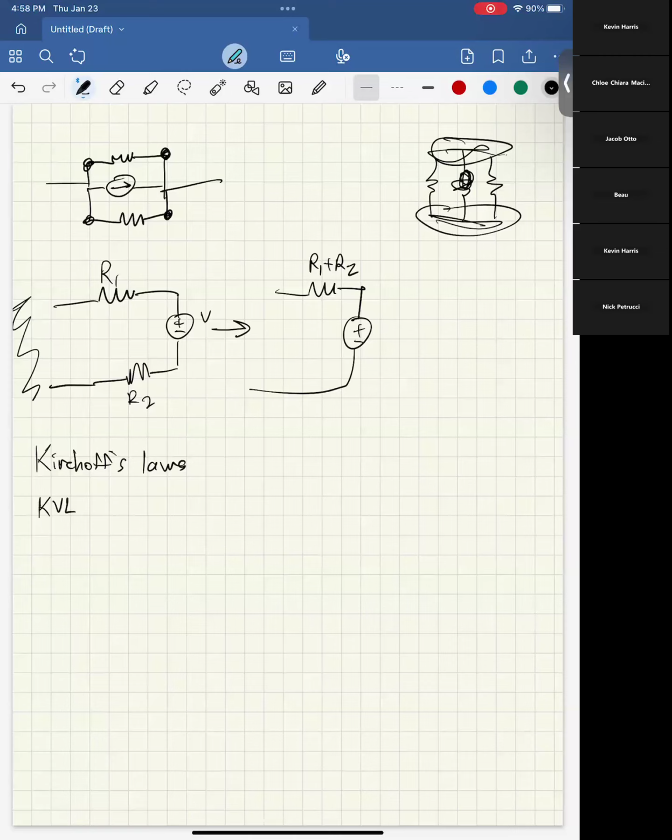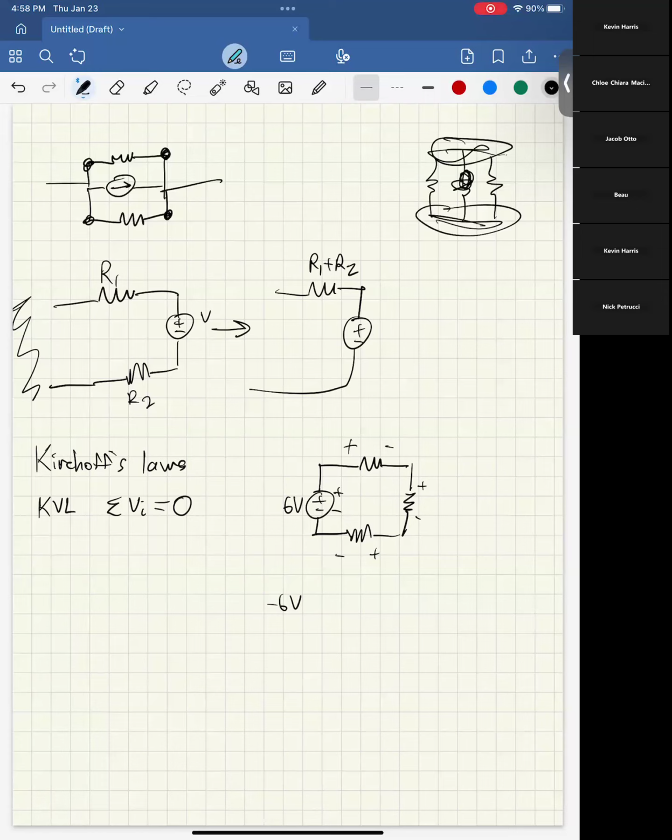Kirchhoff's voltage law states, formally, that the sum of all voltages around a loop is equal to zero. If you remember when we talked about the passive sign convention, we mentioned how we think of voltage sources as negative. So if this is 6 volts and these all have some kind of resistance, this 6 volt source we think of as negative, so this would be minus 6 volts.